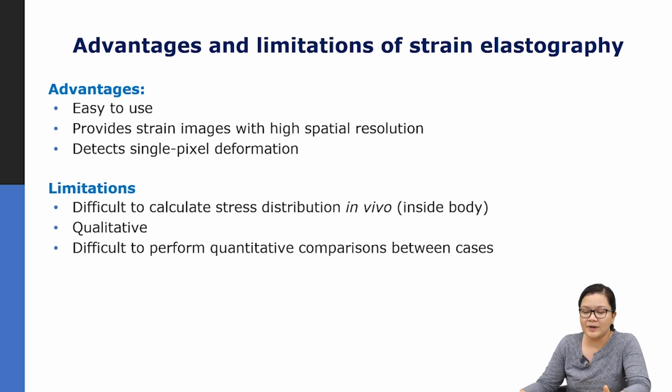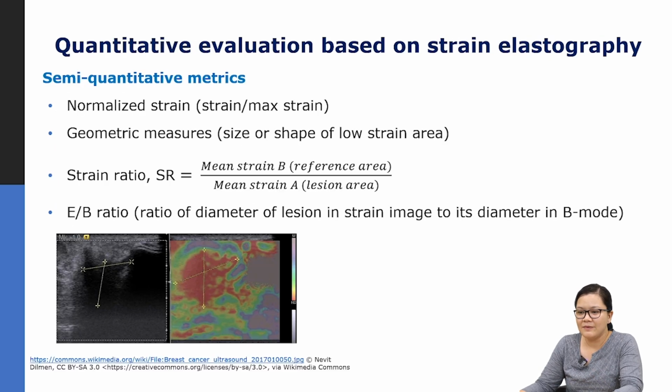Therefore, it's typically considered a qualitative technique. It's also very challenging to perform any quantitative comparisons between different cases from patient to patient. However, there are several efforts to get some quantitative metrics from the strain elastography images.